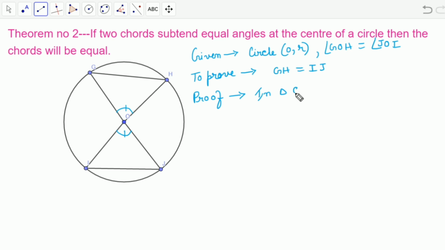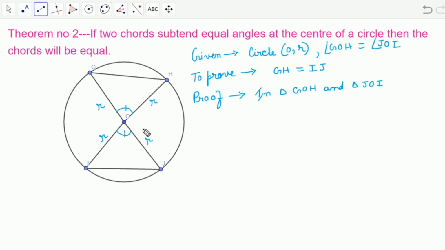In triangle GOH and triangle JOI, what do we observe? Firstly, OH is what? It is a radius. OG is what? It is a radius. OJ is what? It is a radius. And OI is what? It is also a radius.